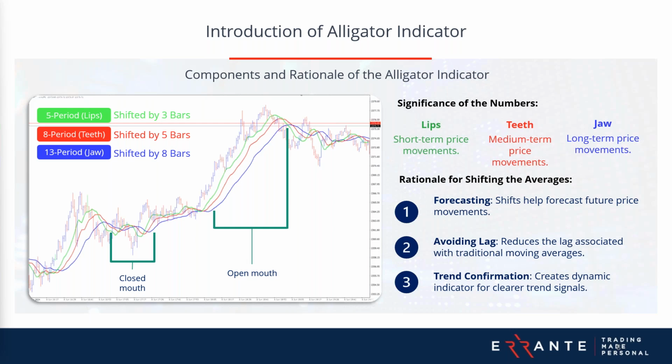Also, by filtering out minor fluctuations and noise, the forward shifts reduce the likelihood of false signals known as whipsaws, which can be misleading in a trend following strategy. So in summary, the alligator indicator utilizes the Fibonacci periods of 5, 8, and 13 and shifts them forward to improve trend identification and reduce lag.